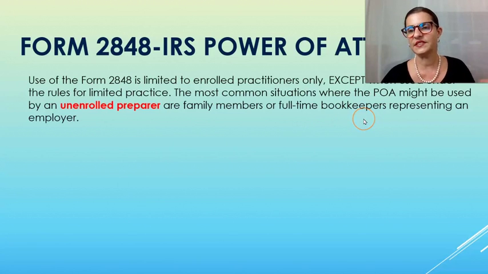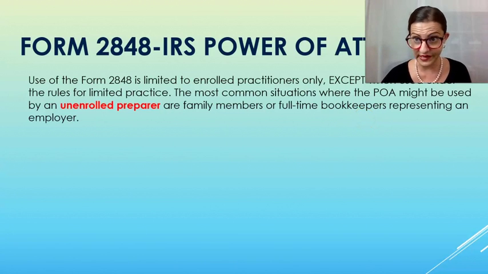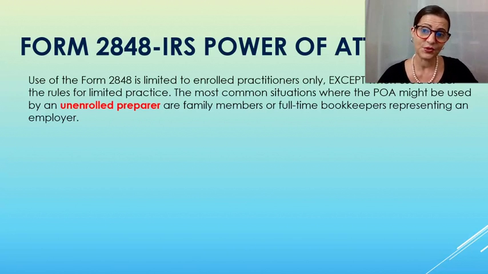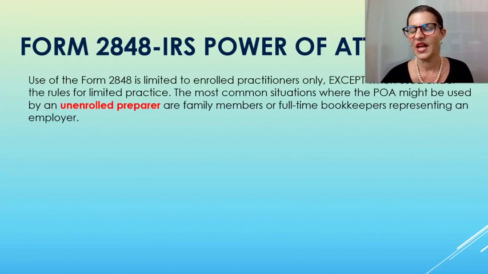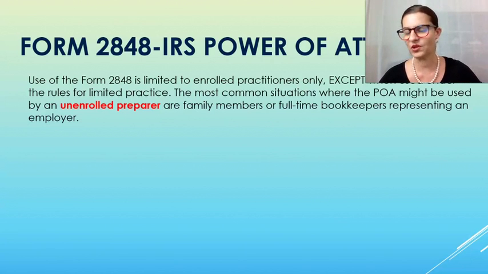What this means is that a full-time employee, usually a bookkeeper or a payroll supervisor or something like that, has limited practice rights, but they're allowed to represent their employer before the IRS, advocate for that employer, and also receive any documents or reports or transcripts that they might need.